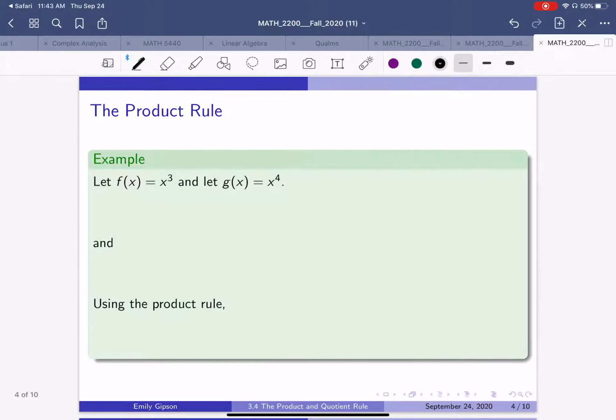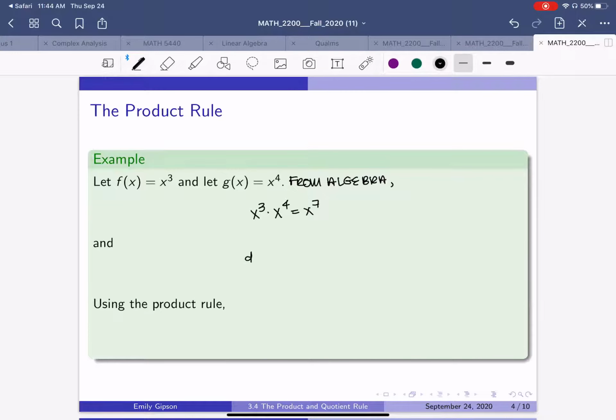So let's do a quick example. In this example, we're going to let f(x) equal x cubed and let g(x) equal x to the fourth. And from algebra, we know that x cubed times x to the fourth is equal to x to the seventh.